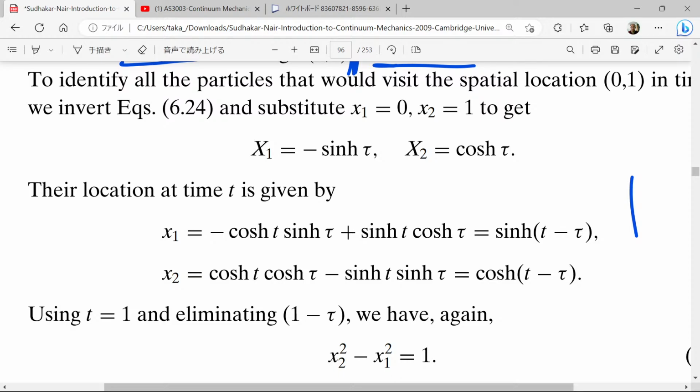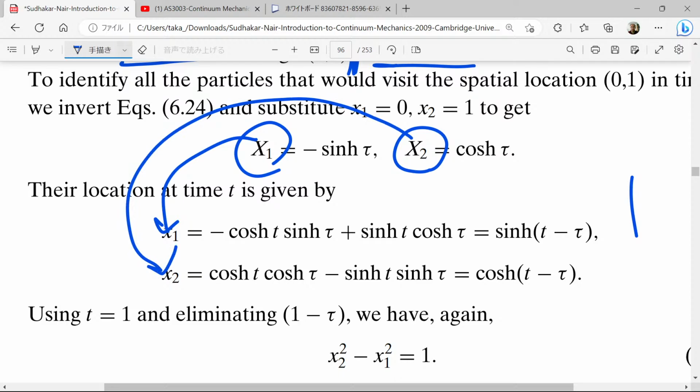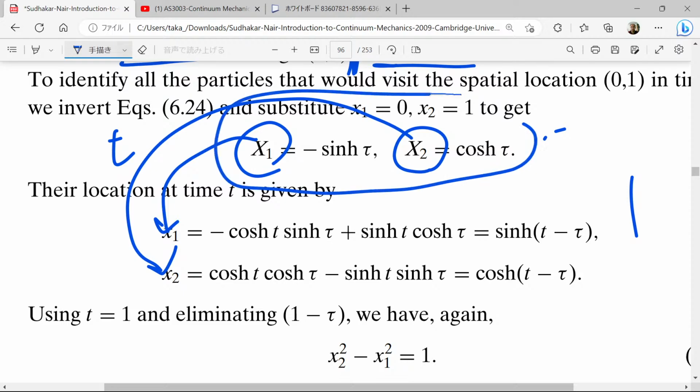So this is the point position in spatial coordinate at some t. This material particle moved to this point after t. This original point is at t equals 0.